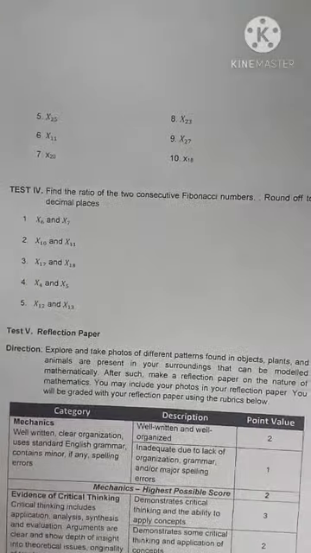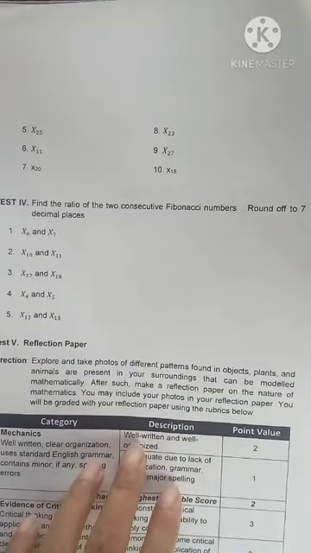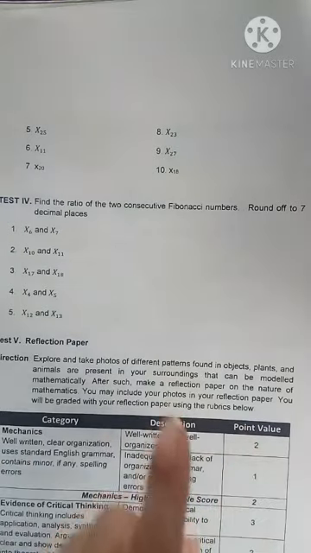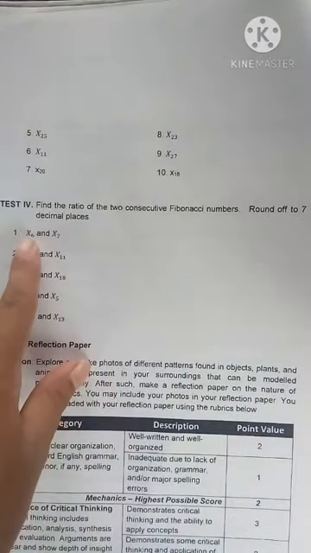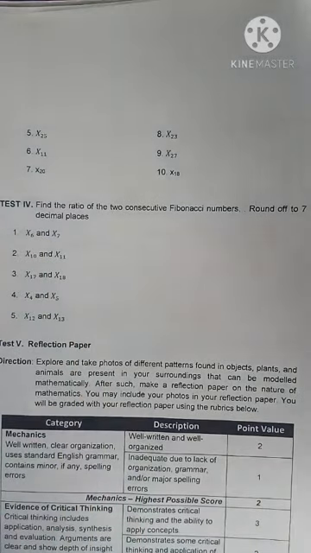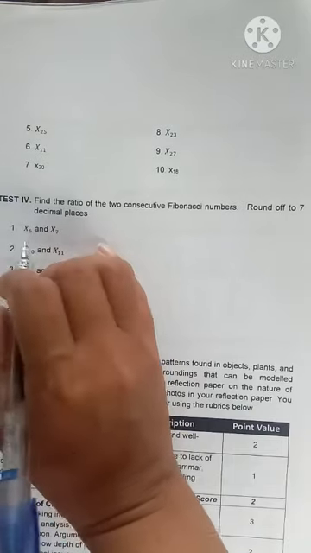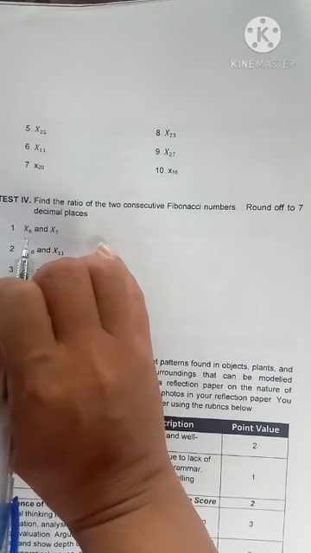Okay, and then for test 4, this is where you are confused, I guess. Test 4, you have to find the ratio of 2 consecutive Fibonacci numbers, round off to 7 decimal places. So here in test 4, first thing that you have to do is look for the Fibonacci numbers. Since these are not yet the Fibonacci numbers, you have to look for what is the x of 6.